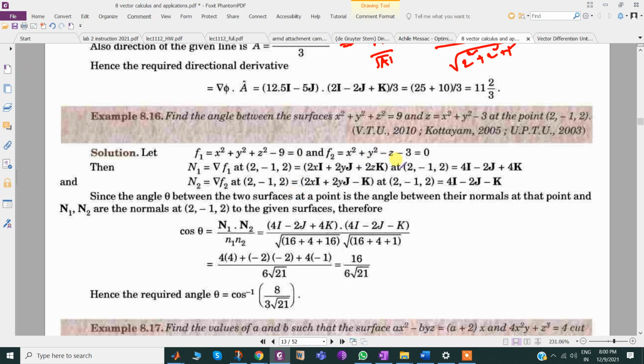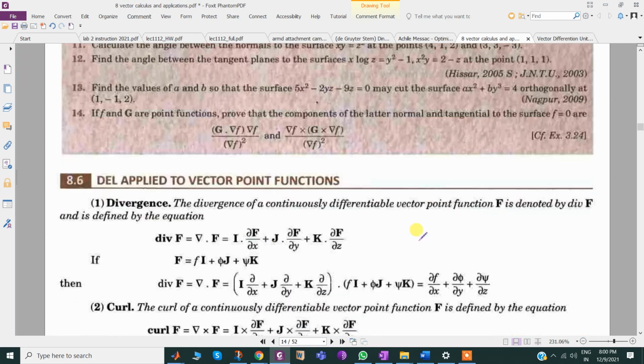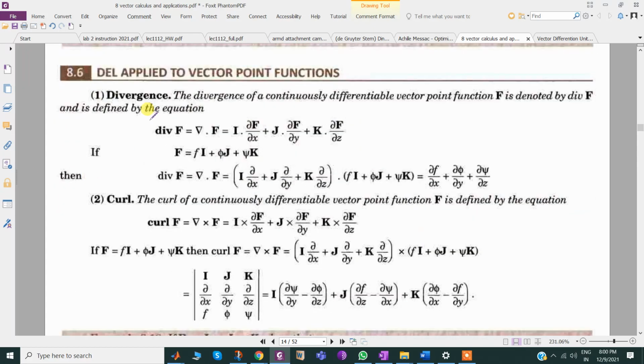Angle, about the angles also we discussed, till this, the beginning. Del applied on a vector point function, del dot f bar. Curl also applied on a vector point function. So the divergence, del dot means divergence. Divergence of a continuously differentiable vector point function f bar is denoted by div f bar.